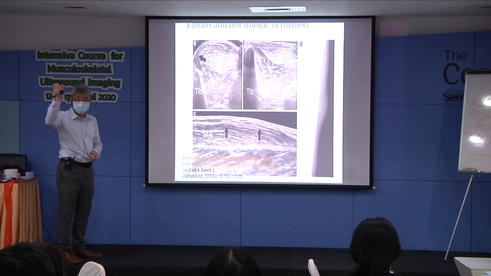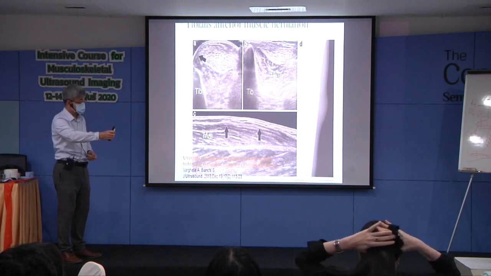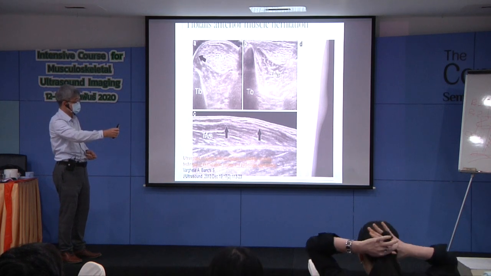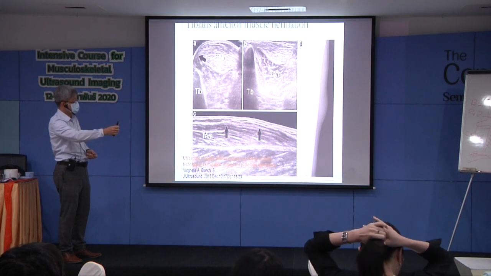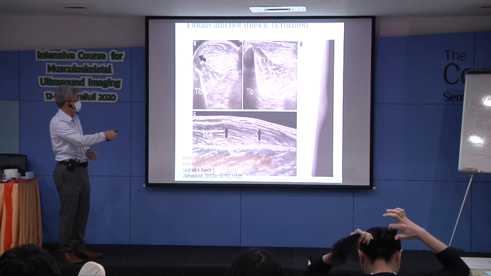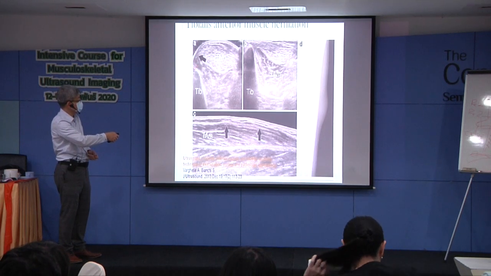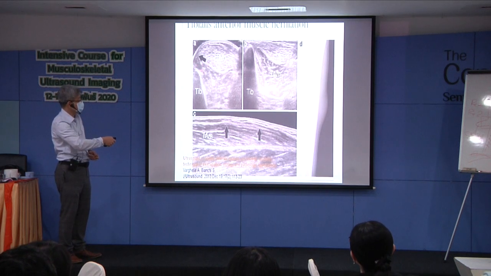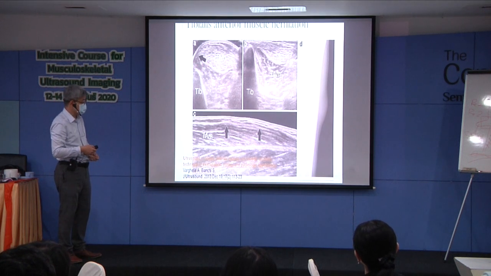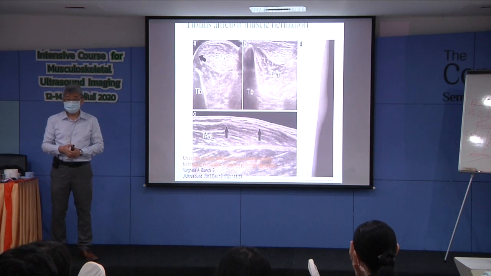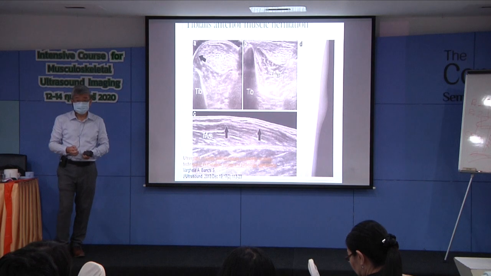When you move your probe or decrease the compression force between the skin and the probe, you observe the detachment, the attachment happen again. That's a typical example of tibialis anterior herniation. It's not a rare injury. It's not a rare injury.